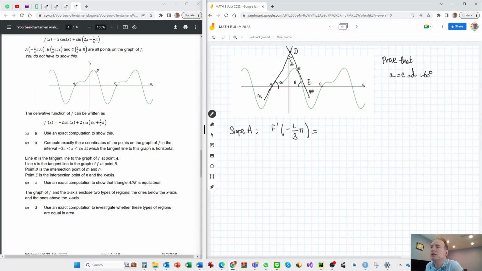So that will be minus 2 times the sine of minus 2/3 pi plus 2 times the sine of 2 times minus 2 over 3 pi plus 1/3 pi.